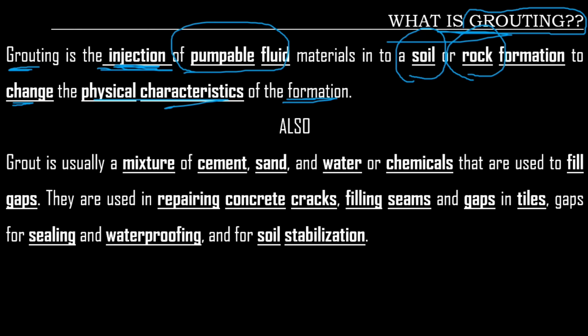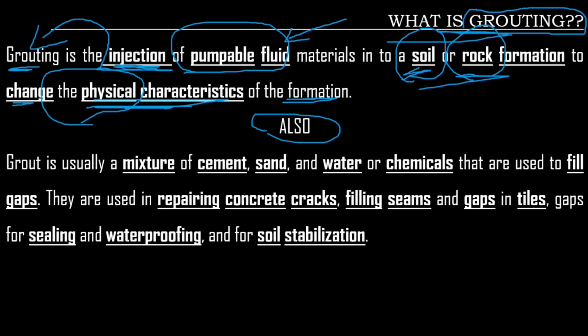In a single sentence, grouting is a technique in which we provide pumpable fluid to my soil or rock to change its physical characteristics, and because of that it hardens. When we complete this process, it is represented as a grouting process.